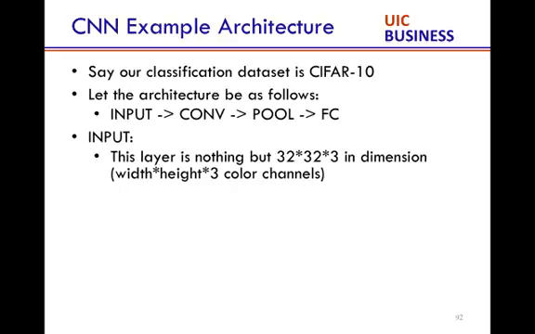And then we'll get a fully connected layer, which we know is just 1 cross 1 cross a number of neurons, right? And the output of the fully connected layer is going to be, let's say, 1 cross 1 cross 10, because there are 10 classes. So we have seen a full pipeline of a CNN, which goes from images to a score three-dimensional array, which is 1 cross 1 cross 10.